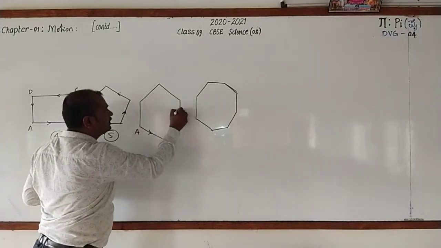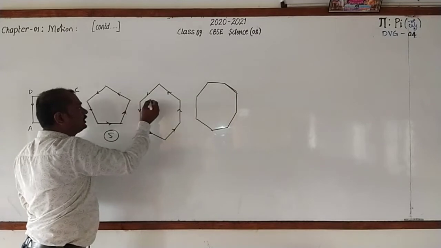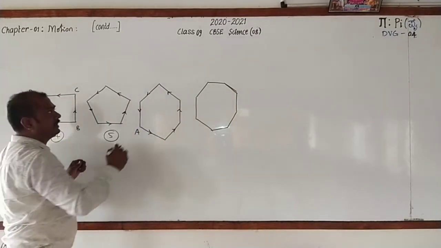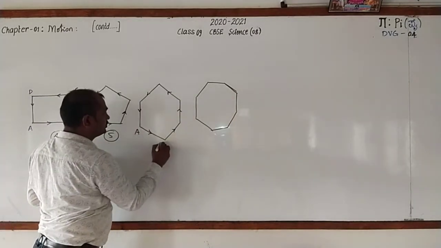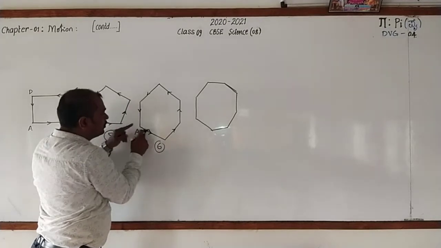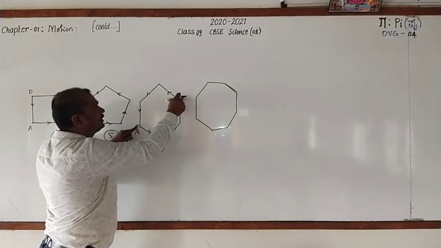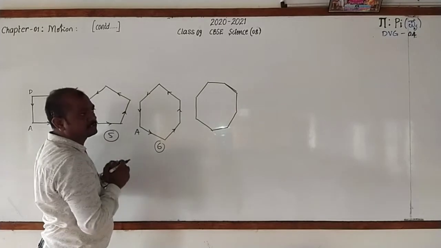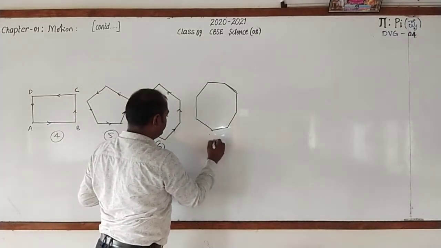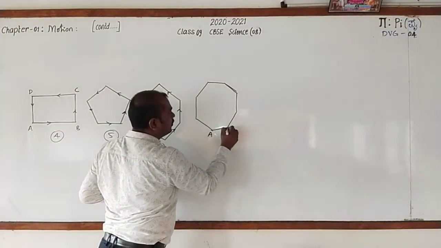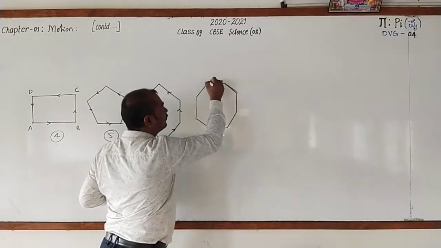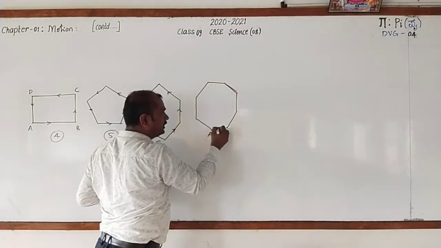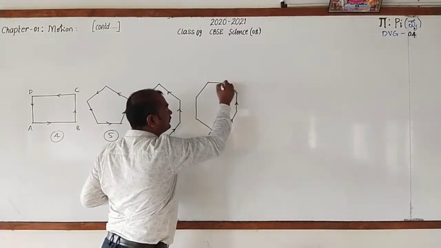What about in this case? You know that it has a hexagonal shape. So 6 times: once, twice, third time, fourth time, fifth time and 6th time. What about here? Count it. 1, 2, 3, 4, 5, 6, 7 and here 8, right?